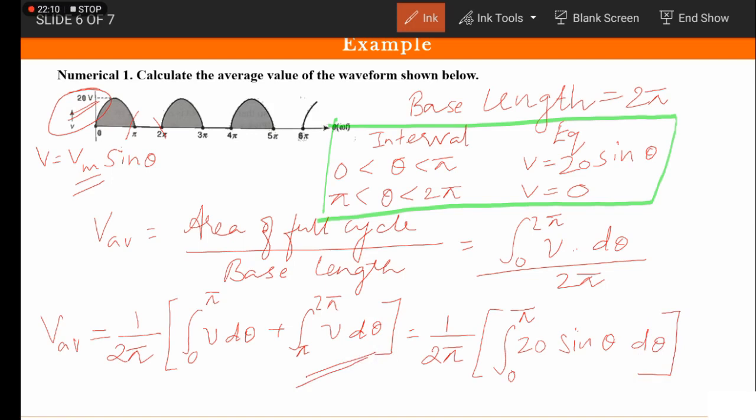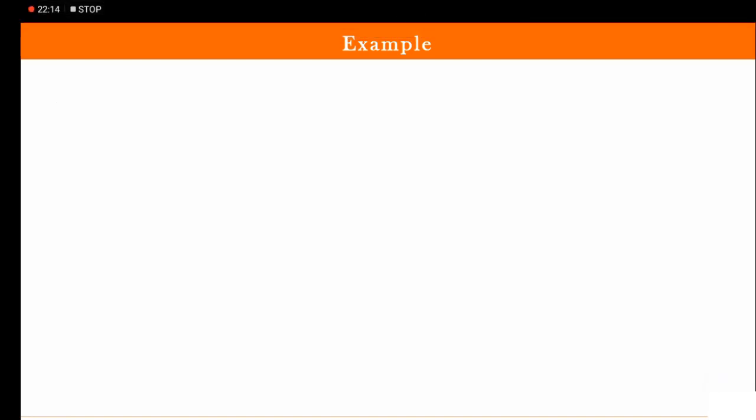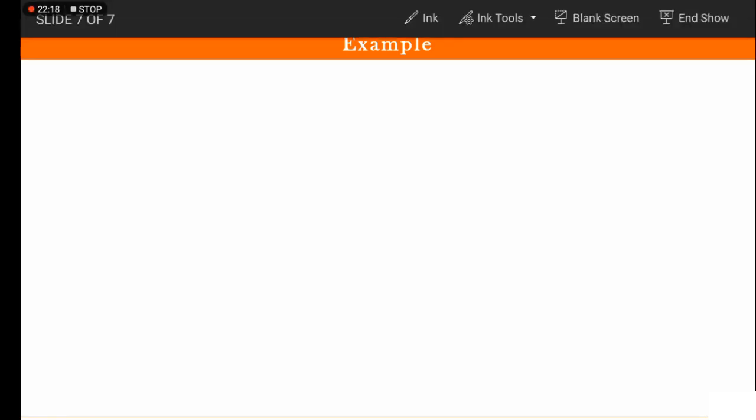So now it is quite simple. What is the next step? We are going to integrate it. So the equation becomes 20 upon 2 pi, integration 0 to pi of sin theta d theta.